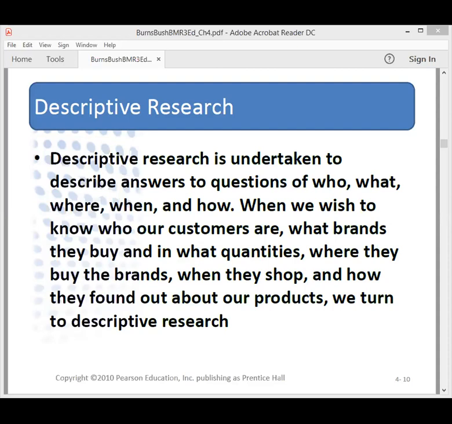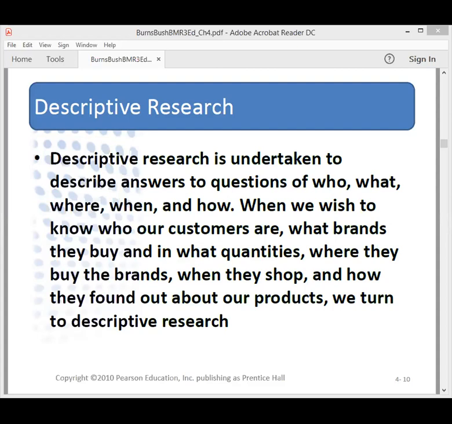In contrast, longitudinal studies repeatedly measure the same sample units of a population over time. Longitudinal studies often make use of a panel, which represents sample units who have agreed to answer questions at periodic intervals. Many large research firms maintain panels of consumers.